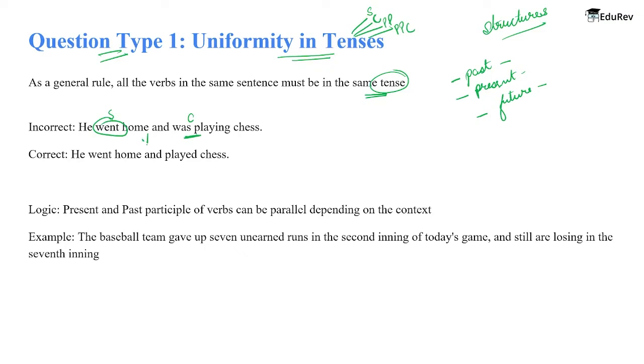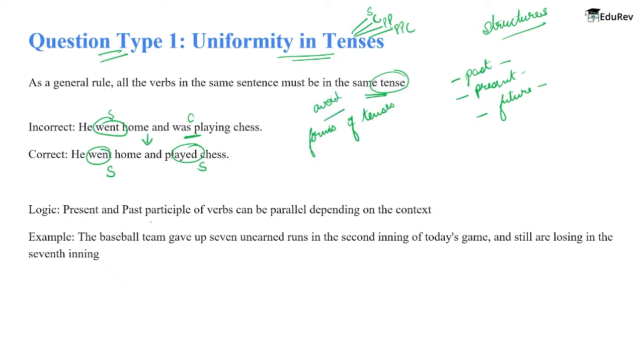The correct statement would be the verb went is in simple tense and played chess is also in simple past tense. That means we have to avoid the other forms of tenses. You have to avoid them.